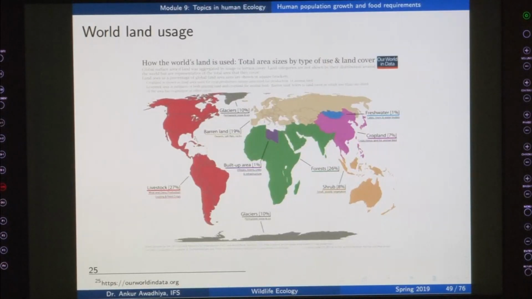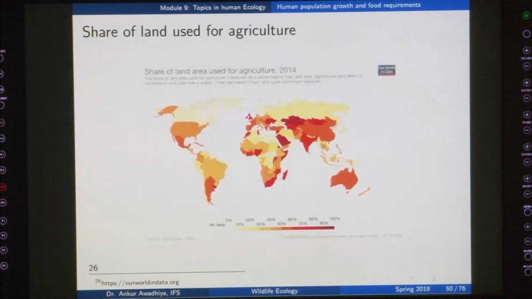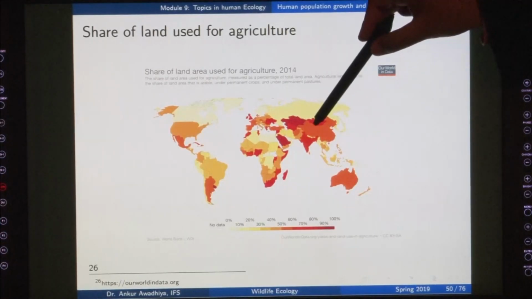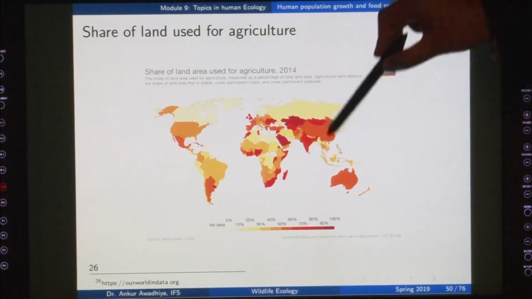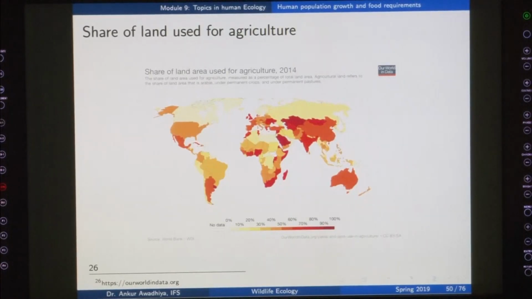So, in this manner the amount of land that is being used for agriculture is increasing with time. And for a number of countries such as India, we can say that as much as around 80% of the land is currently being used for agriculture.